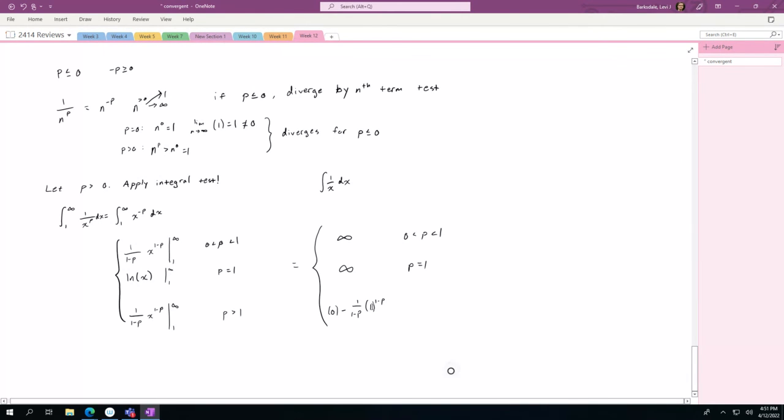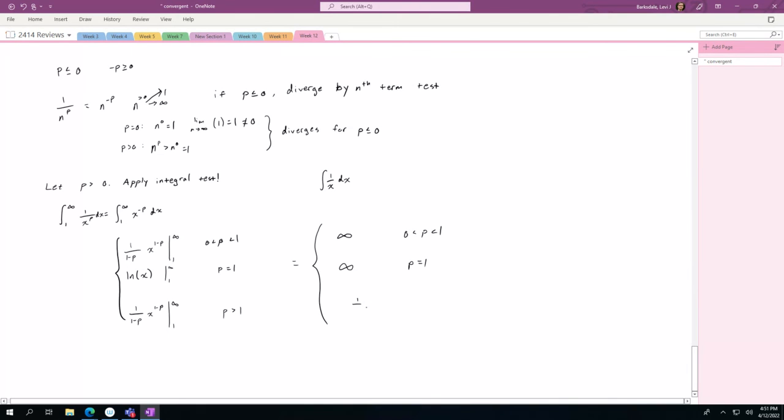Now 1 to the 1 minus p is still 1, so we have 0 minus 1 over 1 minus p, which is 1 over p minus 1. Now importantly, this is a finite number. So when p is bigger than 1, we have that our integral converges, right?